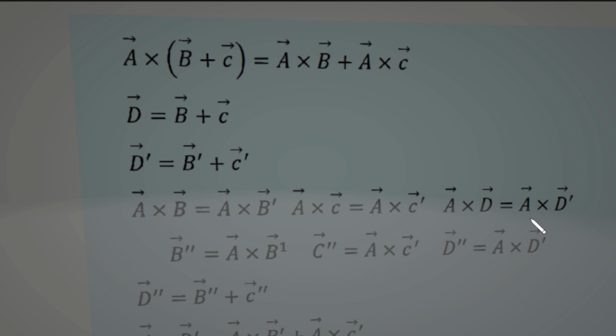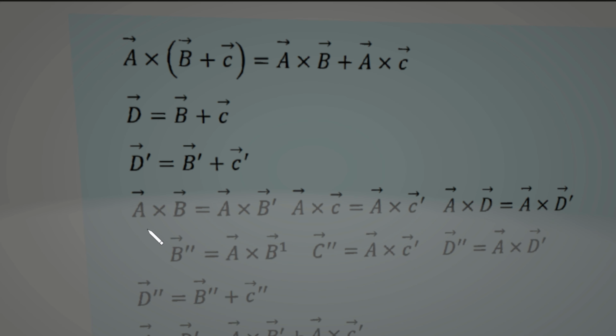Here AD prime is the magnitude of A bar cross D prime bar. The angle between A bar and D prime bar is 90 degrees. So D prime is D sin beta. Therefore A bar cross D bar is equivalent to A bar cross D prime bar, both in magnitude and direction.